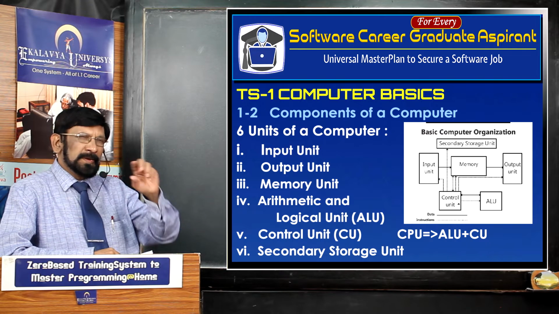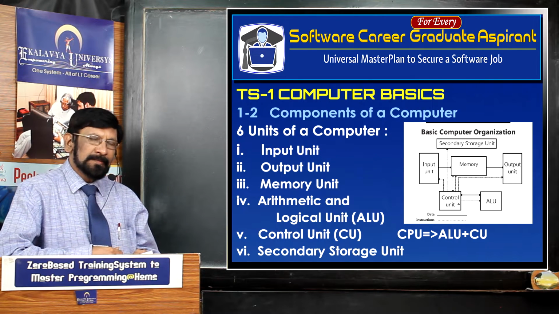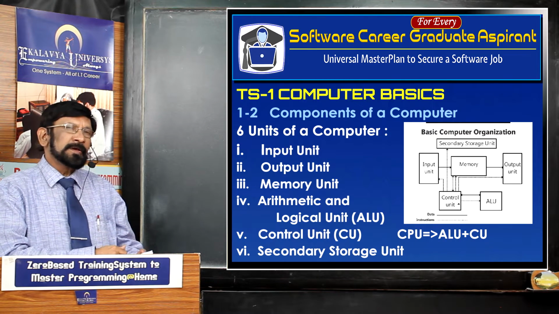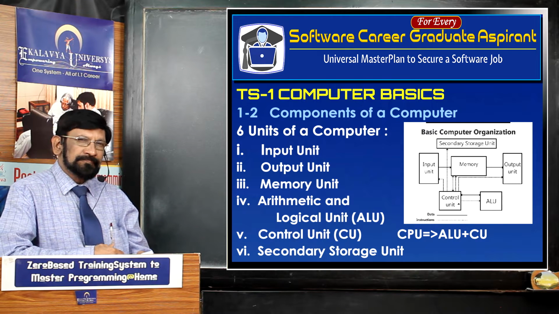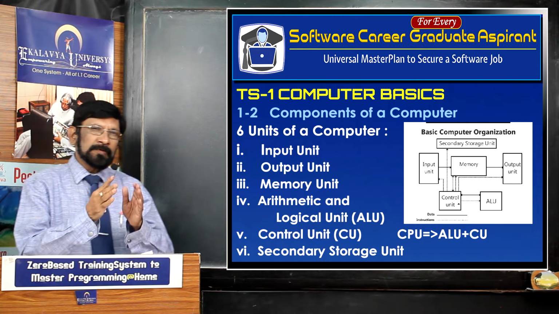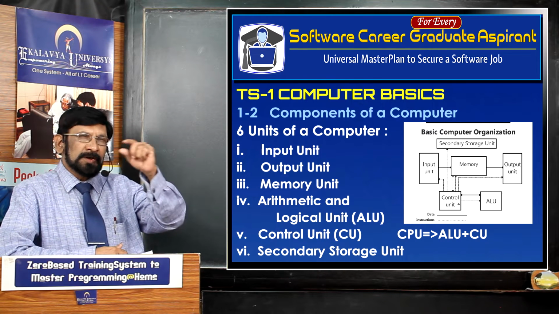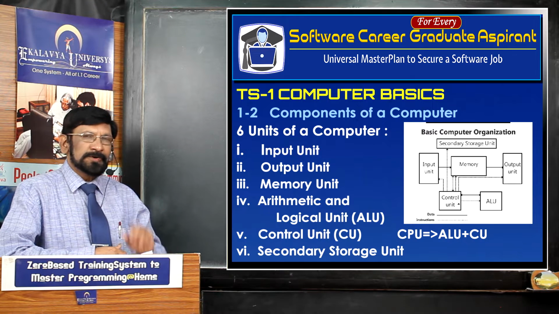Now simply with the description you cannot understand what that is technically. That's why let us classify all the components in a computer. You know that in a computer tens of components are there, but those are meant for doing certain things. Now, let us take into consideration their functionalities and classify them into 6 units.